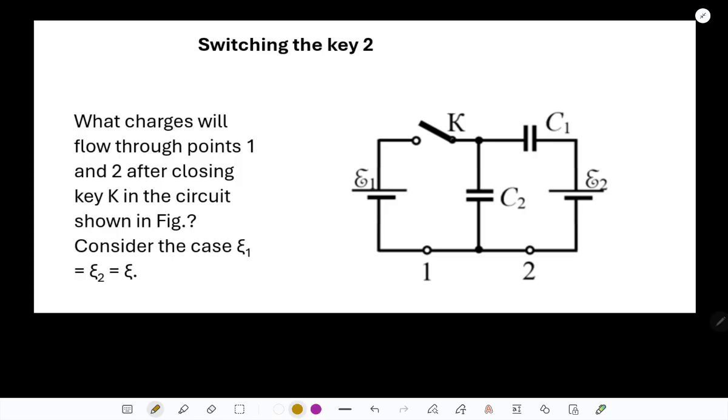So let's solve this problem. Before the switch is closed, that means this switch is open, the capacitors are connected in series and the charges on each of them are equal, of course.